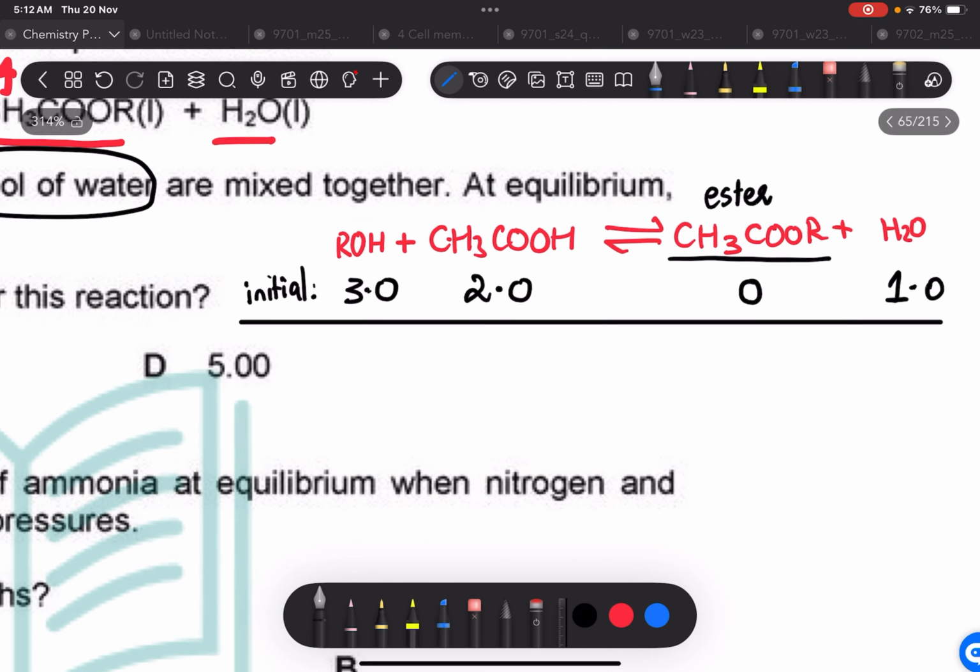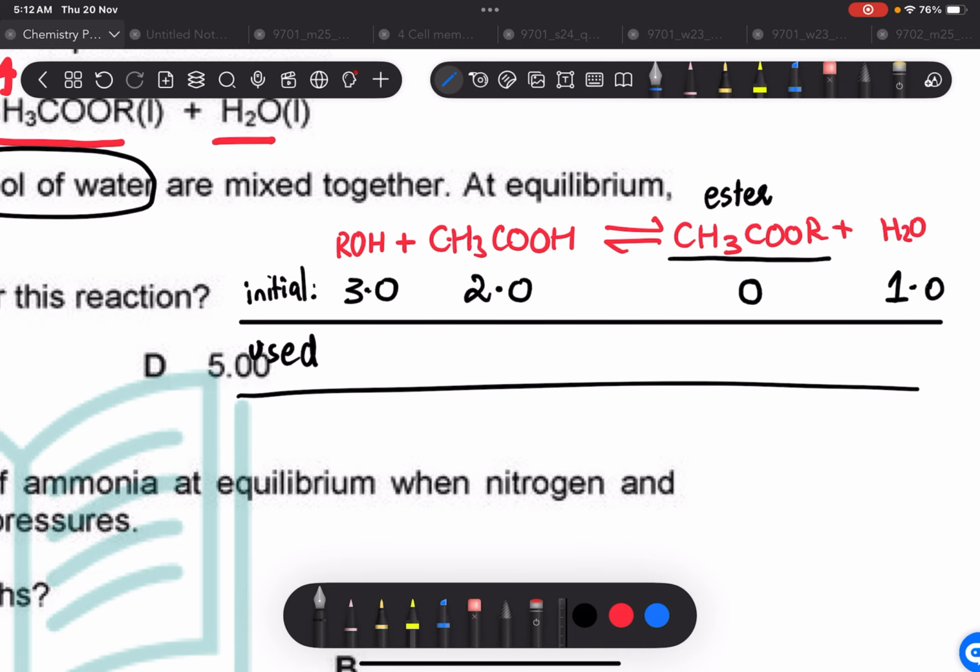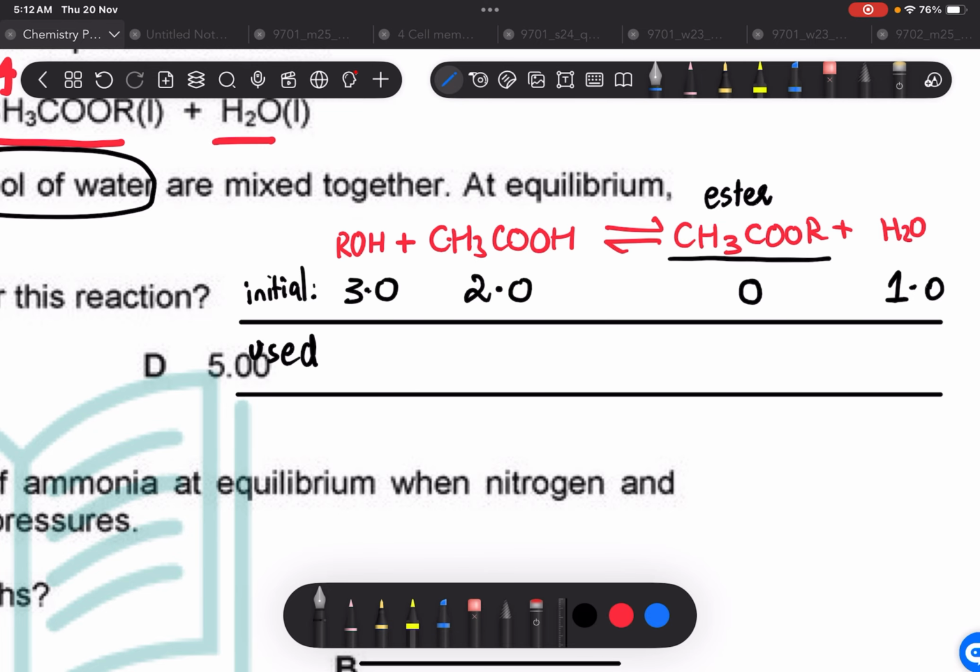Okay, so now the second part is going to be about used moles, which we don't know right now. And the third part of this beautiful table is going to be about the moles that are going to be at the equilibrium. So the third part is going to be equilibrium moles. We have 1.5 moles of this ester.